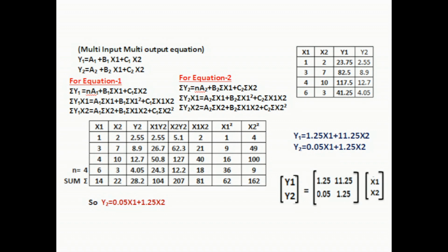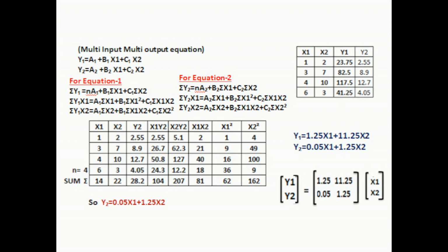If x1 is equal to 6, x2 is equal to 3, y1 is equal to 41.25, y2 is equal to 4.05. So x1, x2 are variables, and y1, y2 are dependent variables, varying depending on x1, x2.